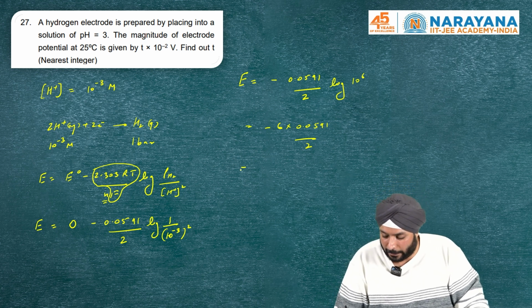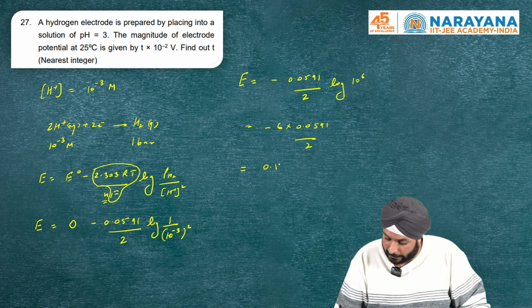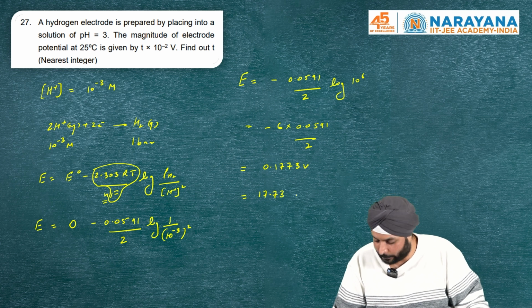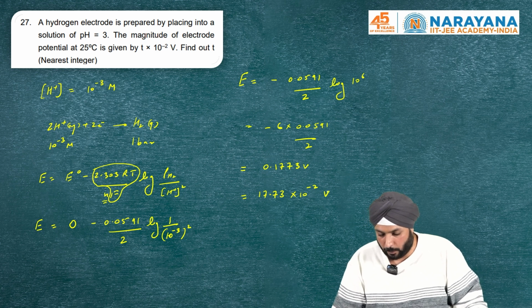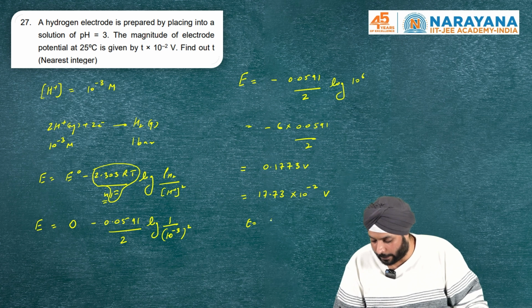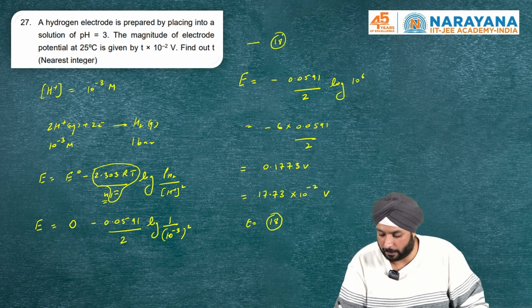So when you calculate it, you will get 0.1773 volt. In the format he has given, it is 17.73 into 10 to the power minus 2 volt. So what is the nearest integer value? It comes out to be 18. So the numerical answer for this should be 18.